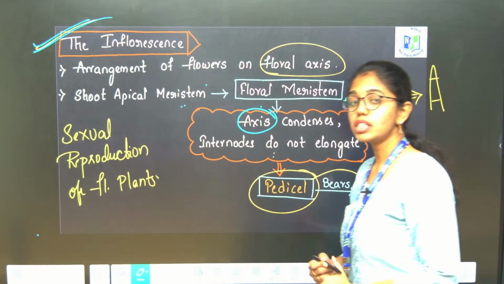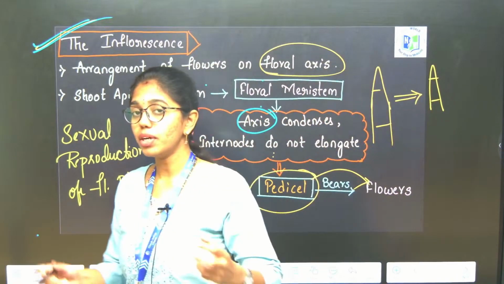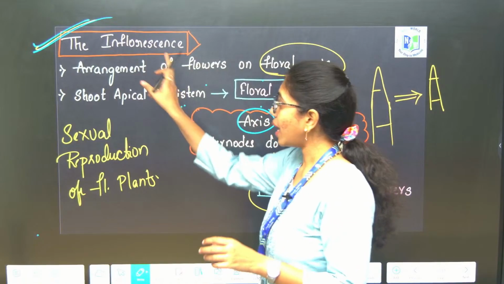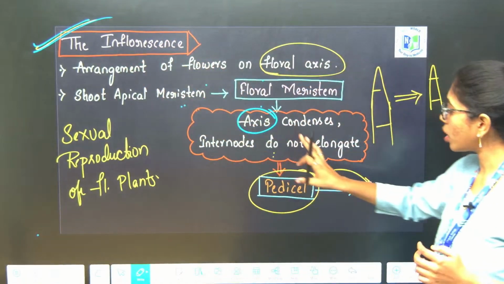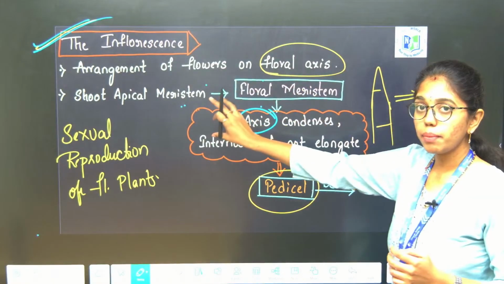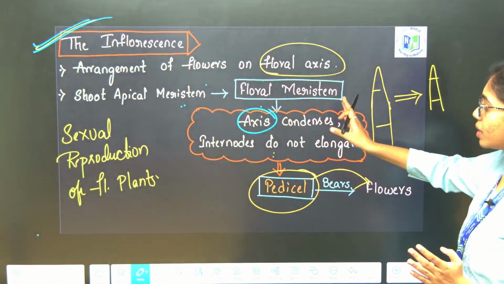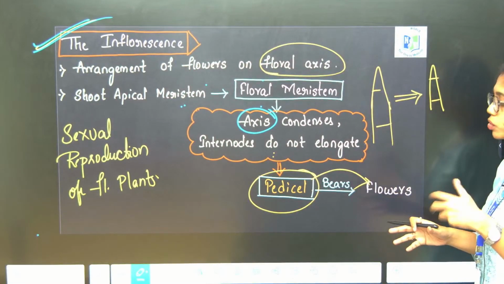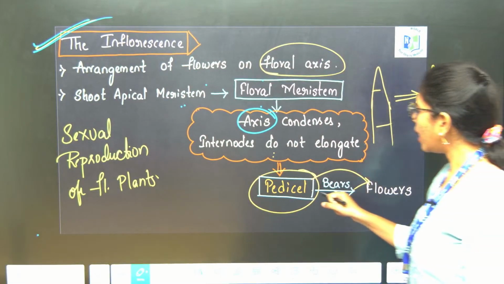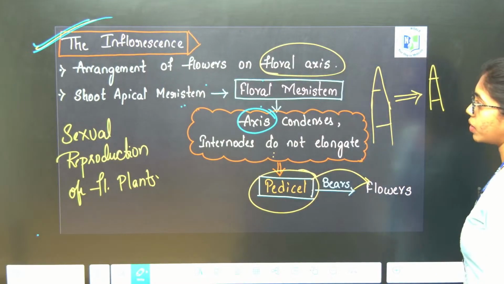So inflorescence is nothing but the arrangement of flowers on the floral axis, based on the type of inflorescence. Here the pedicel will bear flowers.